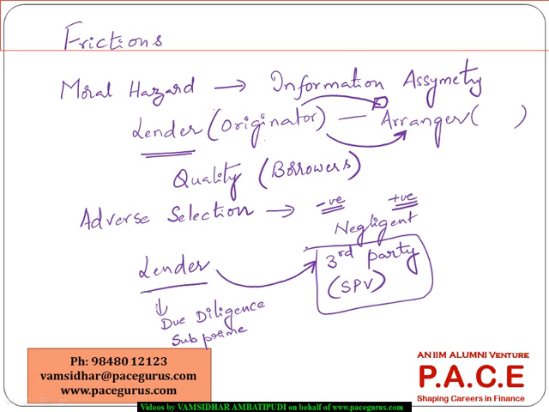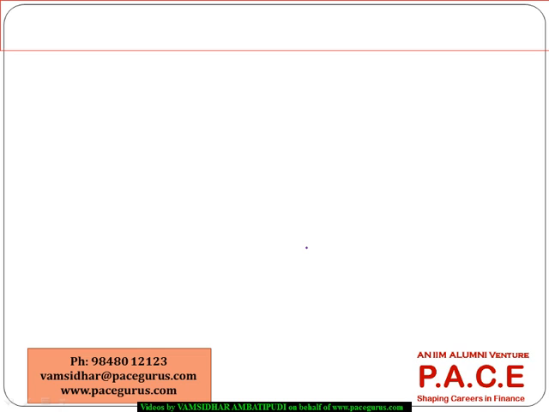So whatever frictions we observe in the typical securitization process could be grouped either under the moral hazard kind of problem, wherein a person wants to act at the disadvantage of the other, and the second one being adverse selection.